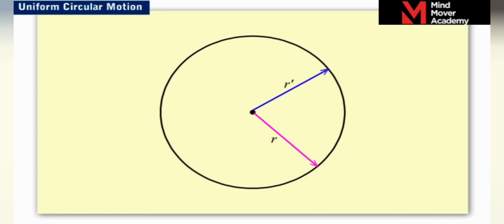Here r and r dash are the position vectors and v and v dash are the velocities of a body at points P and P dash. As the body is moving in the circular path, the velocity vectors are tangential to the circle at the points P and P dash.